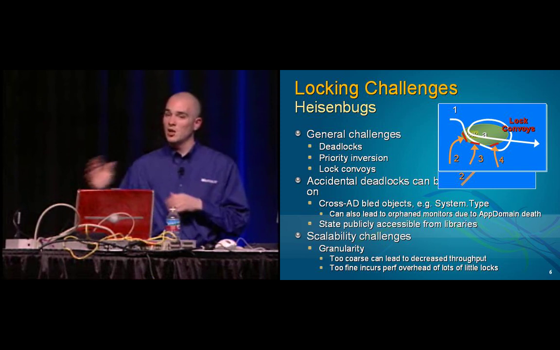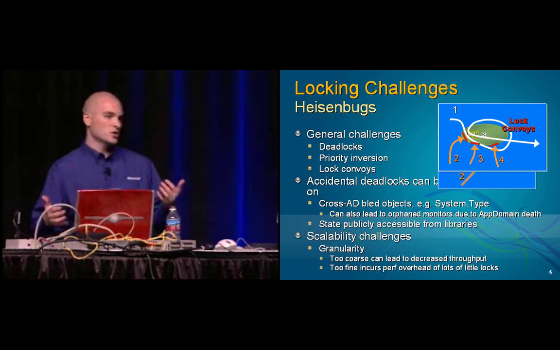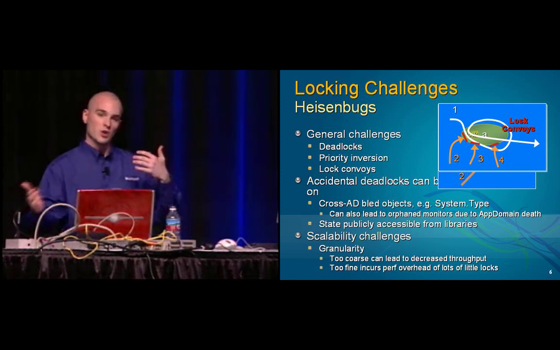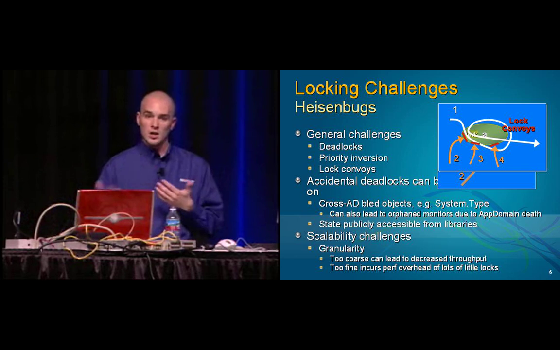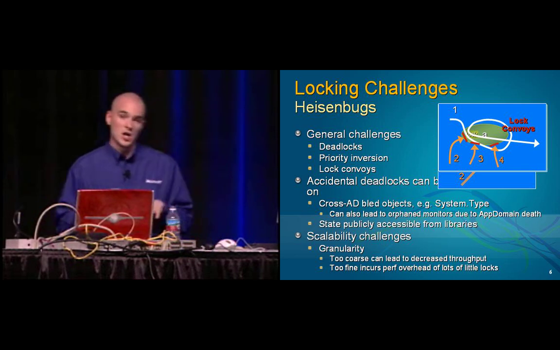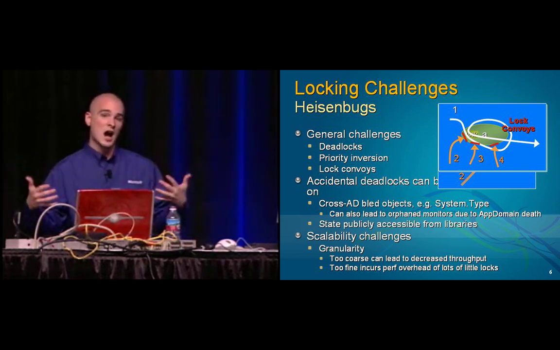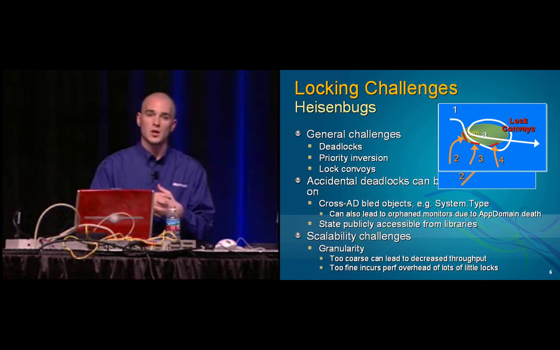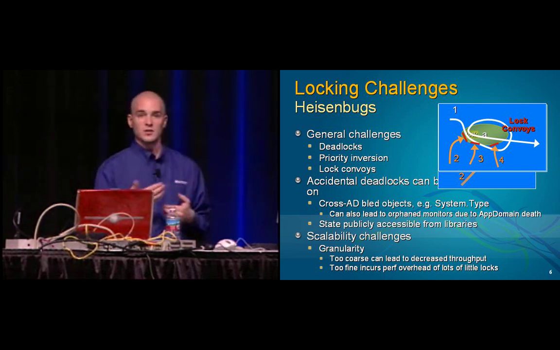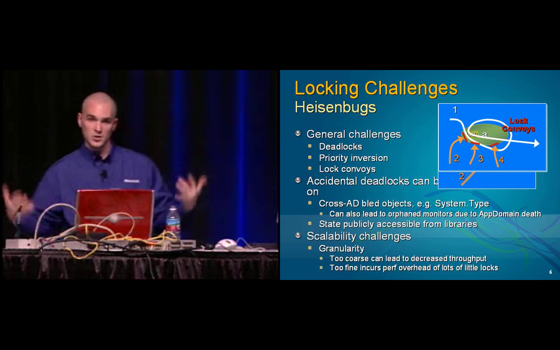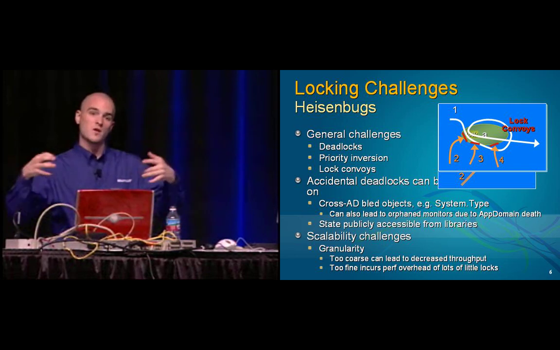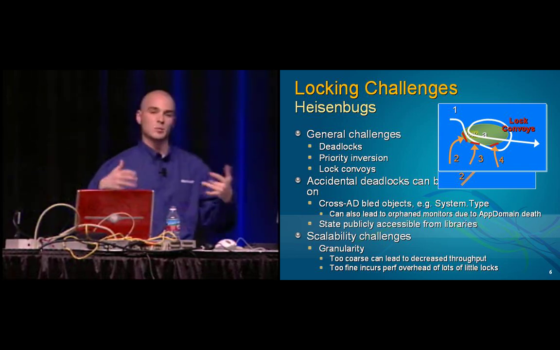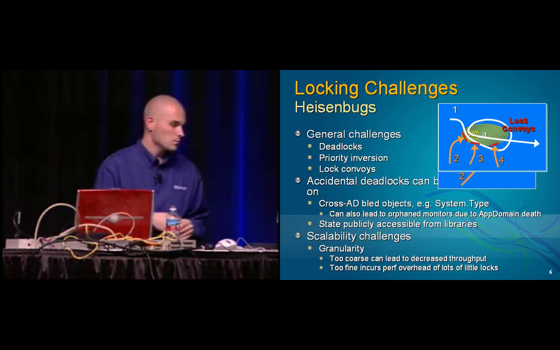So there are also scalability challenges. It's always a trade-off determining what granularity to take locks at. If you lock too coarsely, obviously in a high throughput section of code, you get the lock convoy problem: a lot of workers are trying to acquire the same lock at the same time and getting blocked and having to wait.